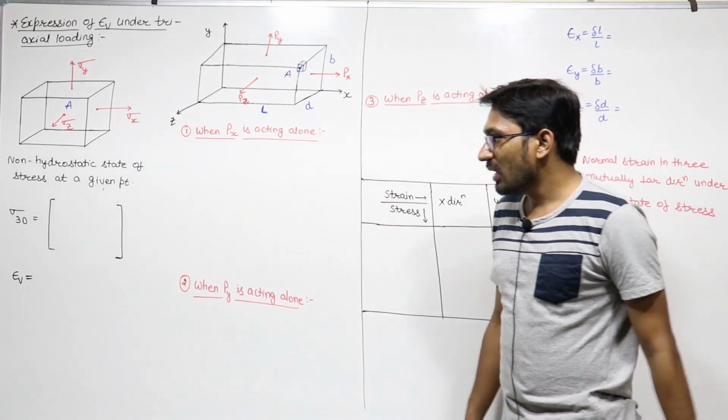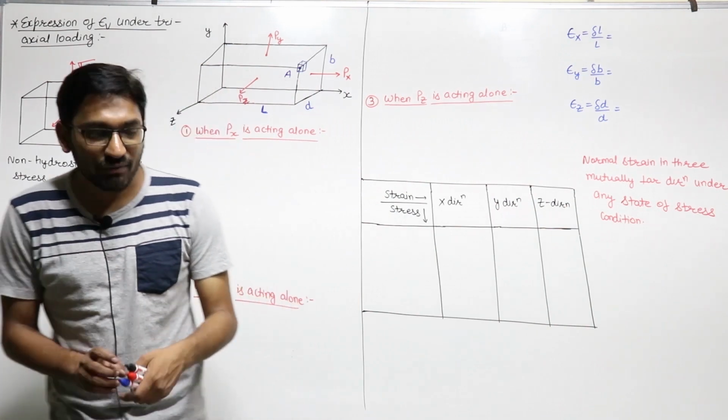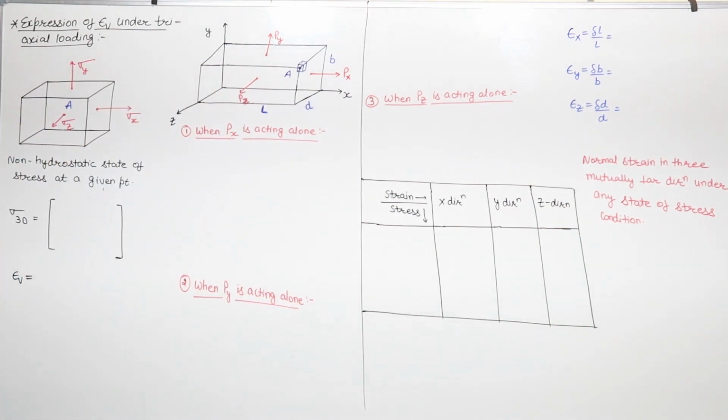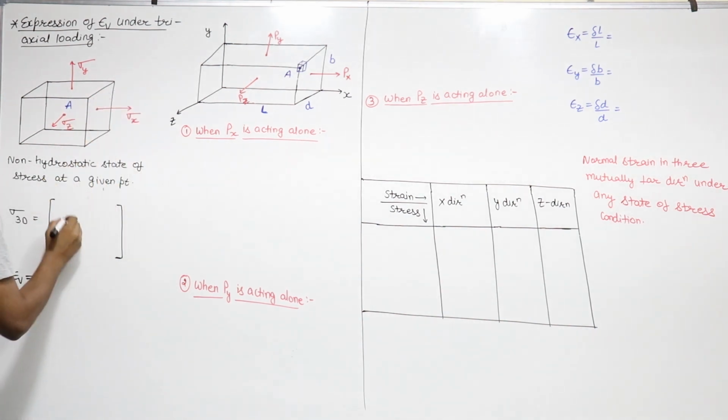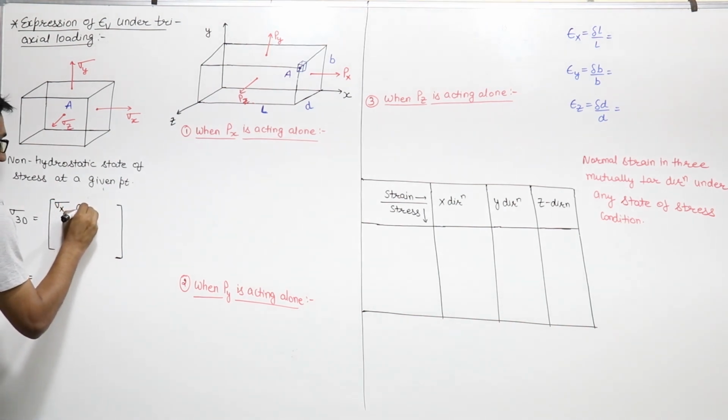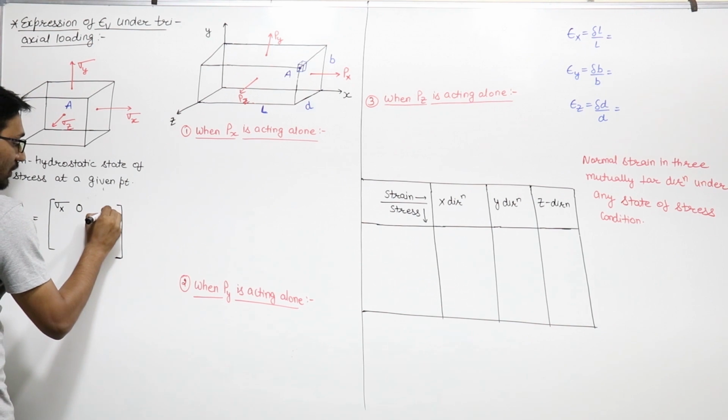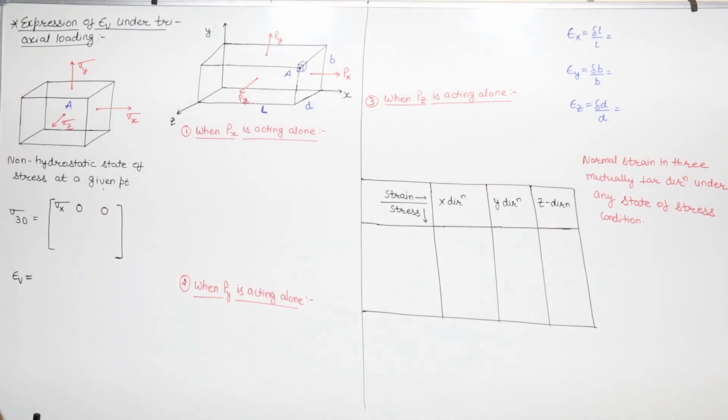So if I represent the state of stress at this point with the help of a stress tensor, I can say on the x face, normal stress is sigma x, tau xy is 0, tau xz is 0.